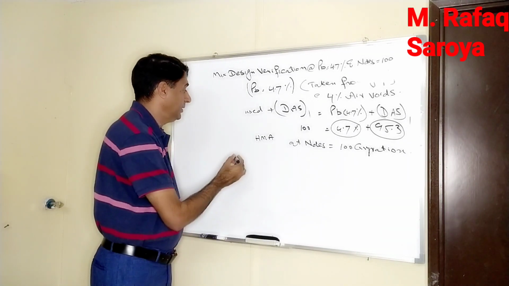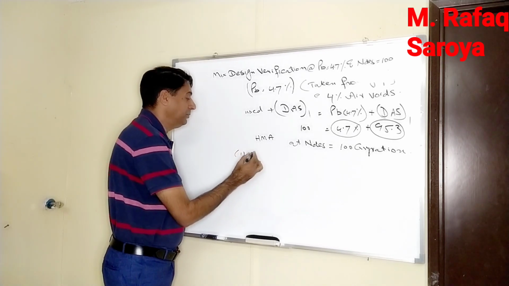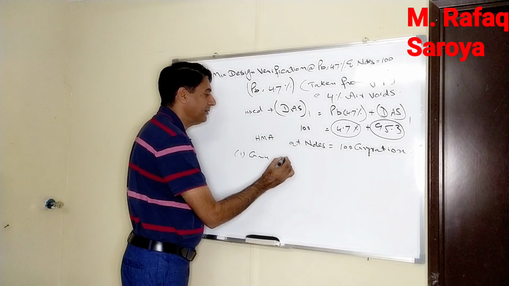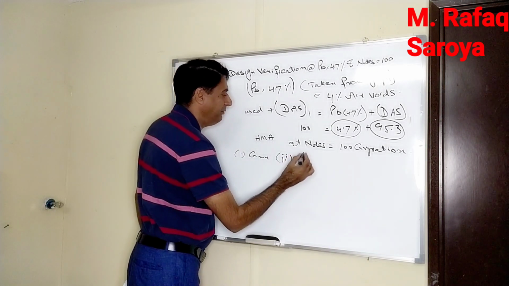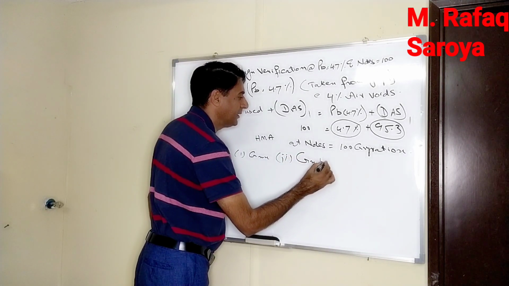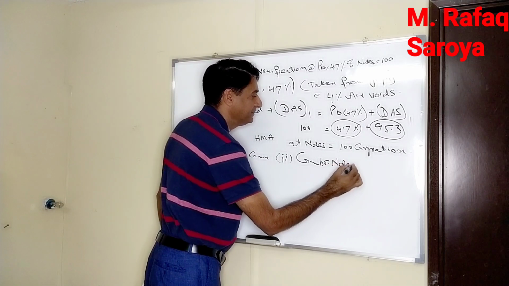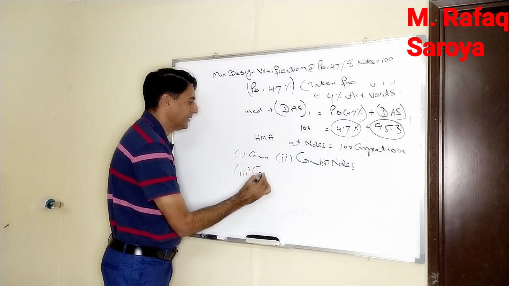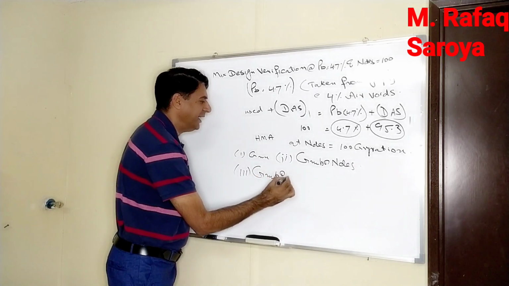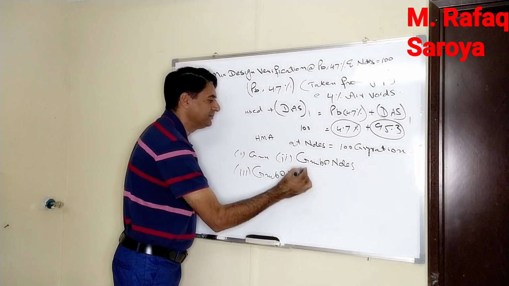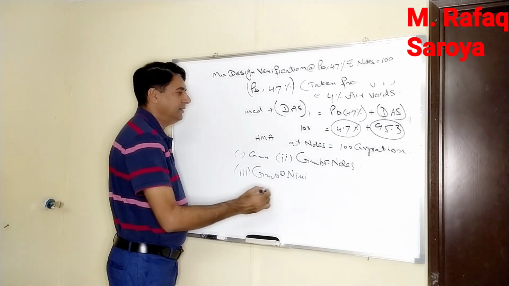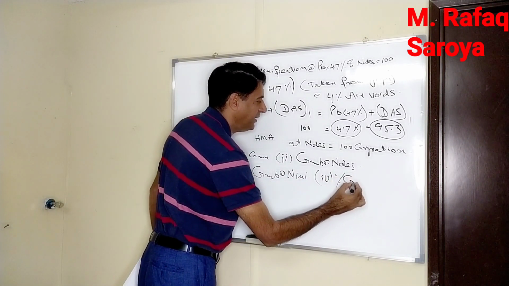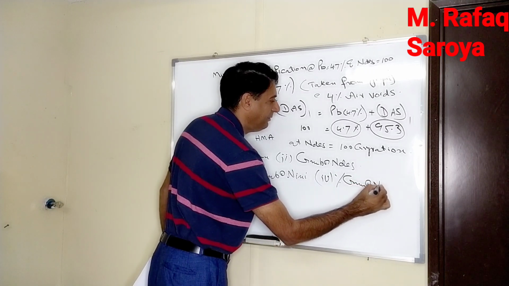Which are those values? Just for your understanding, first we will find out GMM. Clear? Second, we will find out the value of GMB at N design. Third, we will find out the value of GMB at N initial. Then fourth, we will find out percentage GMM at N initial.